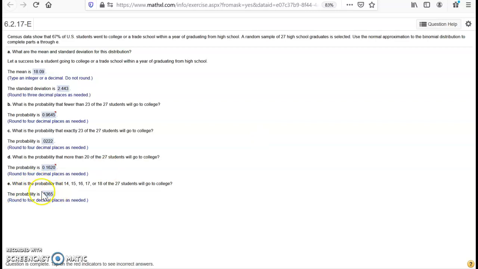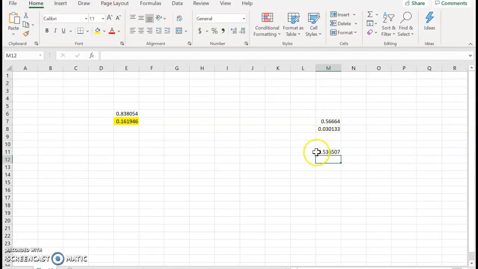And that is the correct answer. So it's all about not rounding your areas until you get your answer. And so the tables won't work here. They may work for some, but it may be off too much for other calculations.